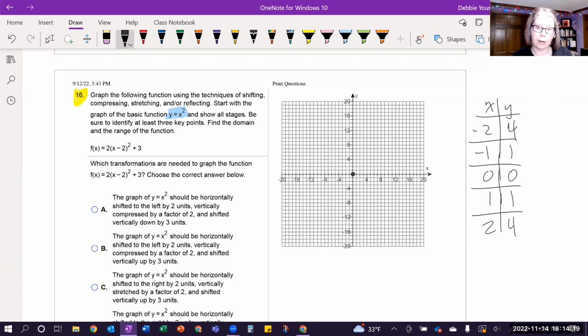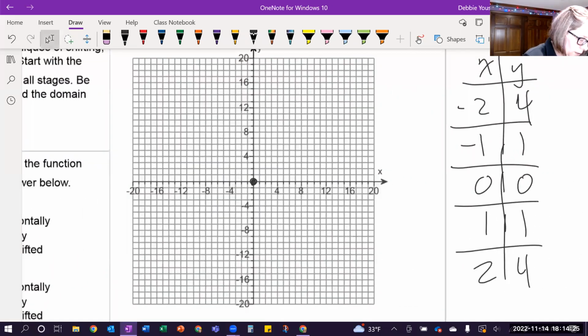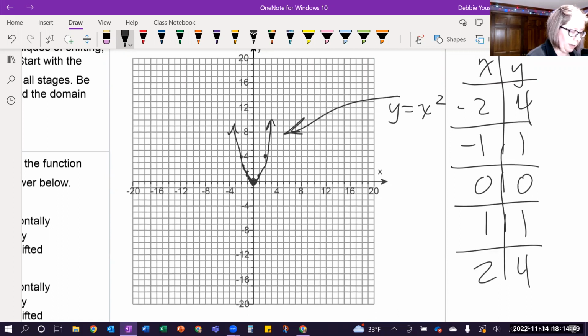So this gives me some ordered pairs to specifically plot. I'm going to zoom in on this so I can be a little bit more accurate. So -1, 1; 1, 1; and -2, 4; and 2, 4. I could keep going, but that's going to give us the rough basic shape, and I want this to be rounded down here. Okay, so that is y equals x squared.